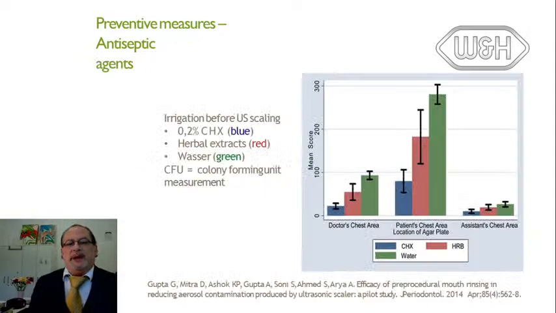And if we compare it with herbal extracts, as Gupta et al. have done, we can see that chlorhexidine again is the most effective rinsing liquid that we should use to reduce the bacterial load on the doctor's chest, on the patient's chest, and on the assistant's chest.